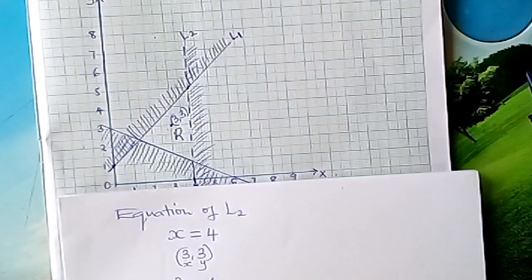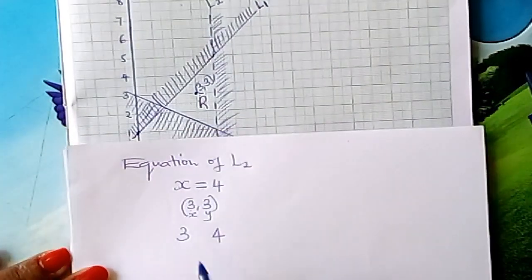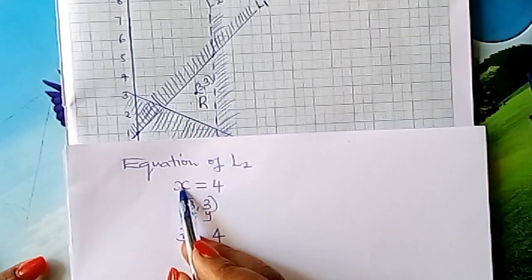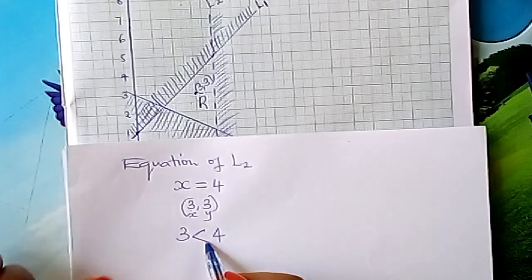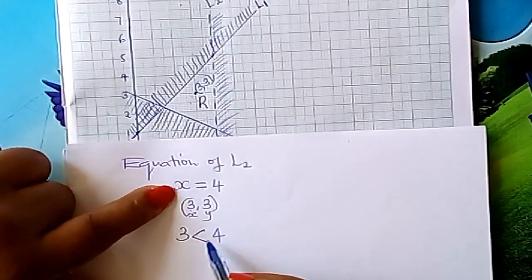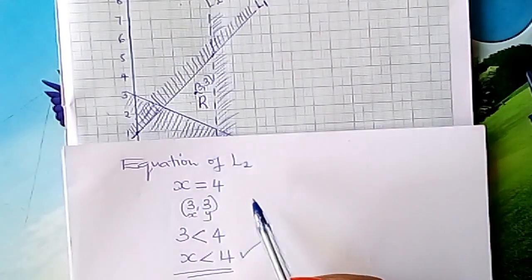Then you ask yourself, which inequality sign do I put here after substituting my 3 here? It is now less than. And therefore, Lana, you can conclude that x is therefore less than 4. That one is as simple as that.